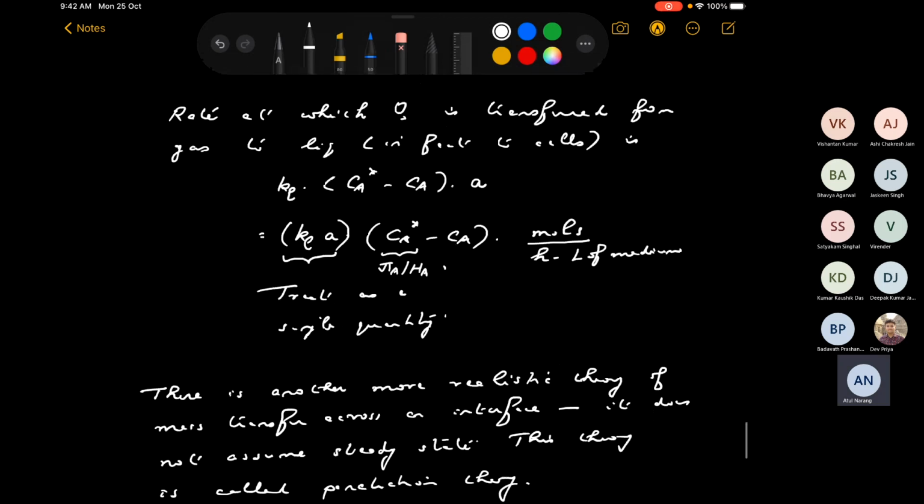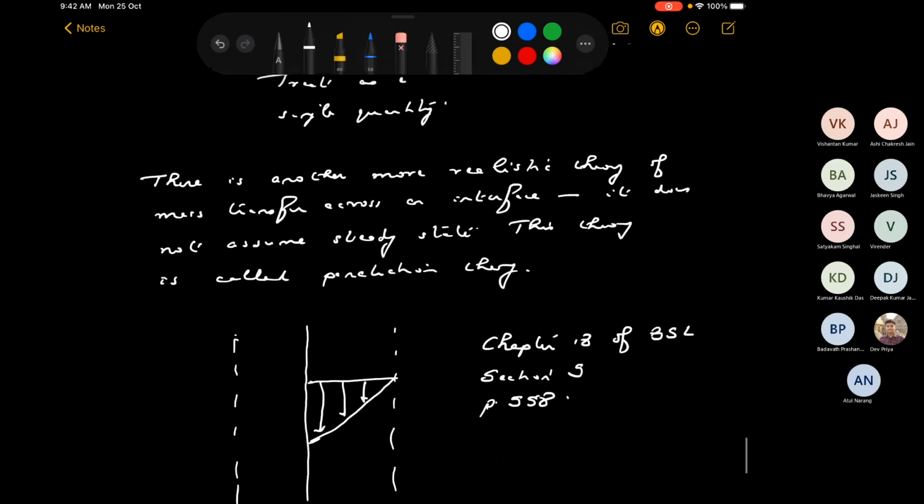The reason I mention it is the expression J equals K_L multiplied by C_A star minus C_A, where K_L, as you can revisit in the notes, is nothing but the diffusion coefficient of A in the liquid phase divided by L_L, the thickness of the film on the liquid side.